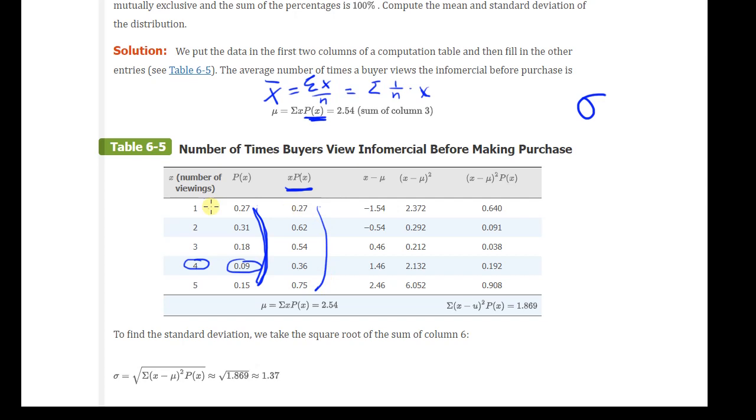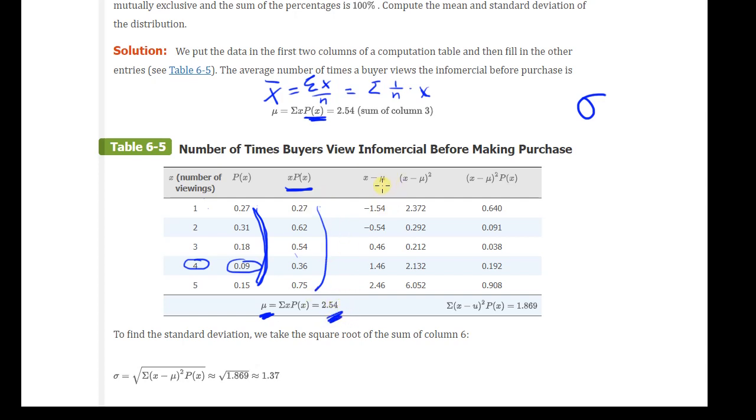So 0.27 is 1 times 0.27. 0.62 is 2 times 0.31. 0.54 is 3 times 0.18, etc. Okay, so then that's how you find the population mean mu, right? So this is population mean mu, not sample mean X bar. Okay, so you sum them all up, and then you get this number here.